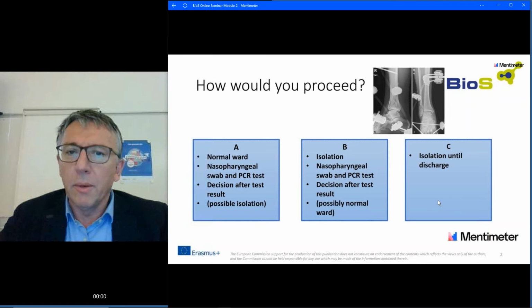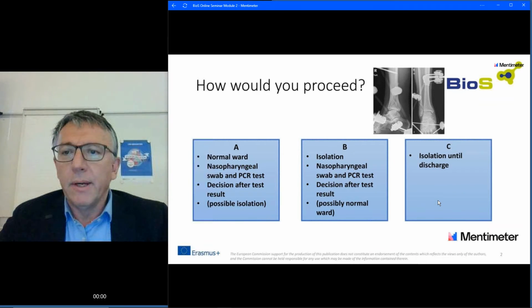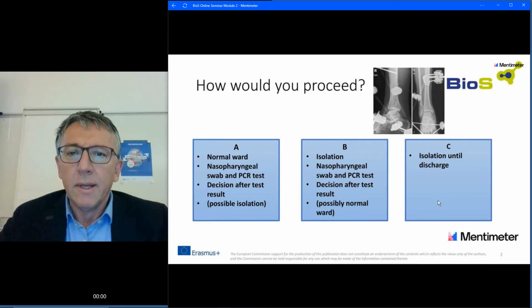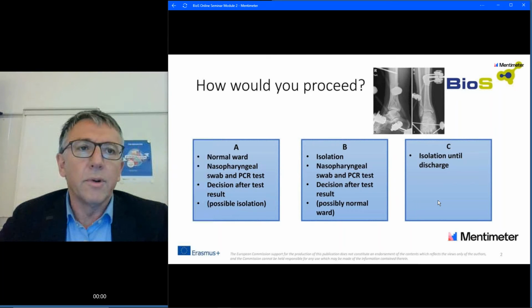What do we do with this individual? Do we bring her to the normal ward and do a PCR test with a nasopharyngeal swab, and then after having her on the normal ward, decide what to do with her after the test? For example, isolate her.